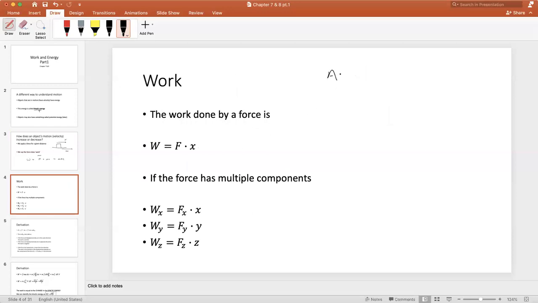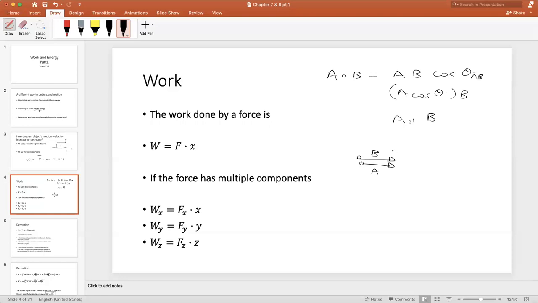And if you remember your dot products, A dot B is A times B times the cosine of the angle between A and B, or A cosine of the angle between them times B, which means that this is really A parallel times B, the parallel component. And what we're saying is that if we take two vectors, A and B, and if we want to dot them, we put them tail to tail.